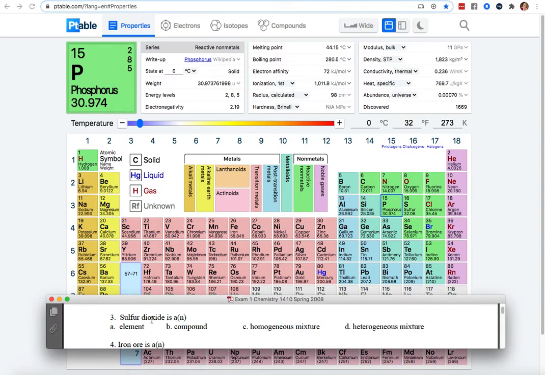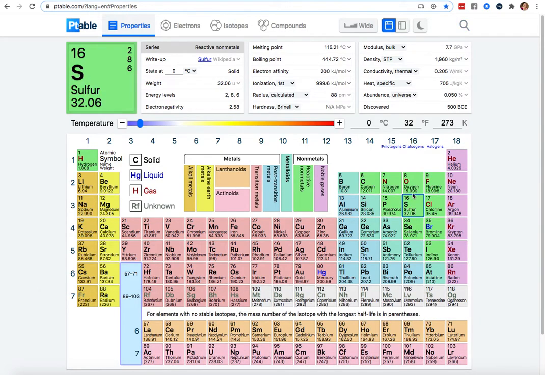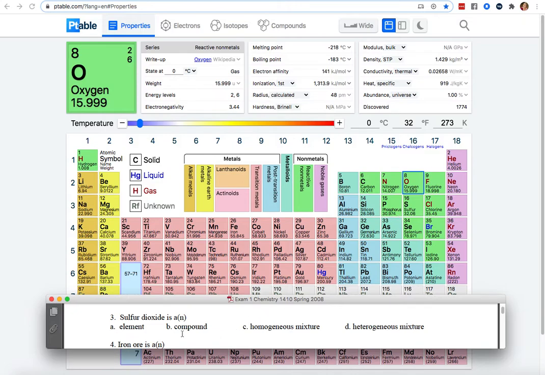Water is its common name, but for the most part, what you're looking for in a compound is that it is made up of 2 or more elements, and those are usually easy to identify from the name. So in this case, it's a compound made up of sulfur, which is right here, and oxygen. The dioxide refers to it having 2 oxygens in it.